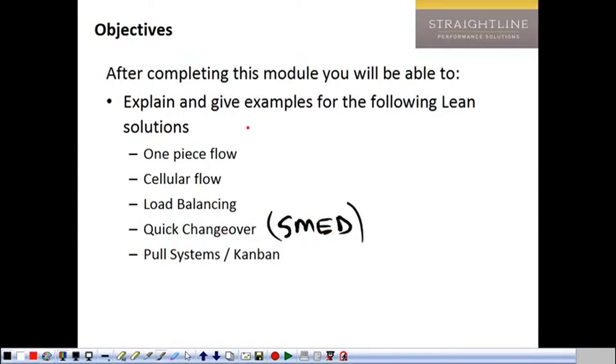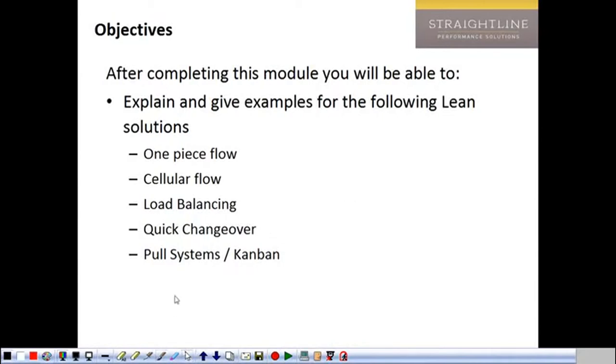I like Quick Changeover because most people get what that means. And then the last one is pull systems, or Kanban. Talk about Kanban, and this is probably the hardest to get without doing it, so we'll spend maybe a little bit more time on that, talking about some examples. And at this point, I'm really going to do my best to try and ping you guys to see where you've applied this.